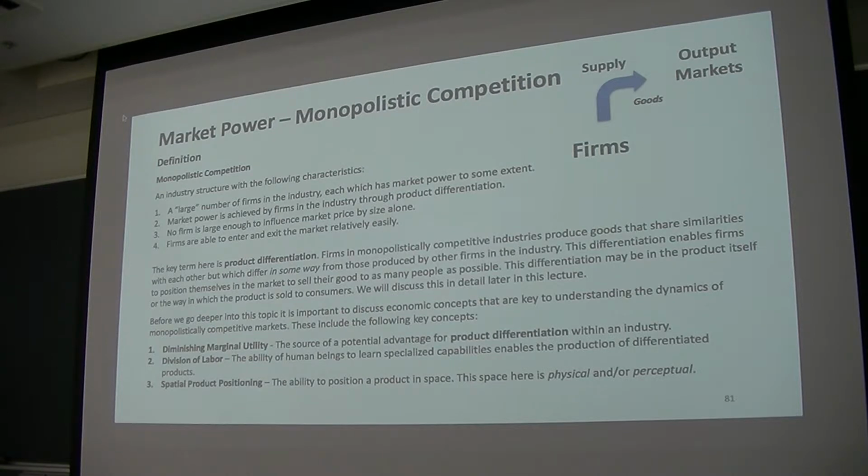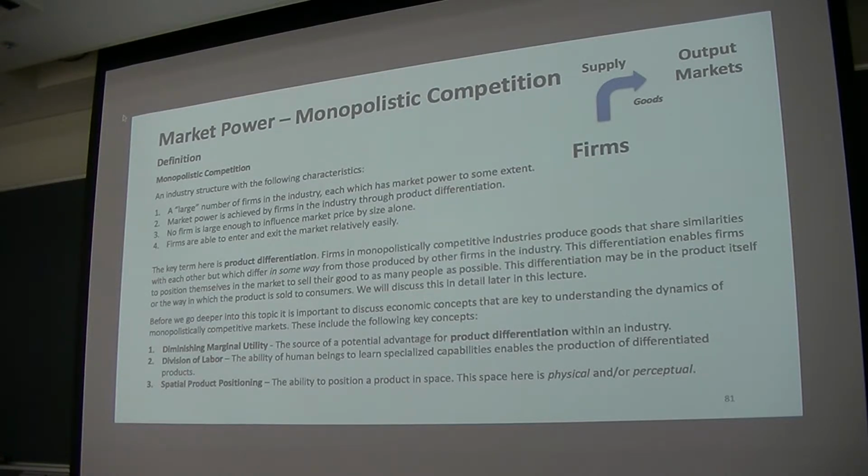They have market power because it's achieved through product differentiation. And no firm is large enough to influence the market price by its size alone. And firms are able to enter and exit the market relatively easily.